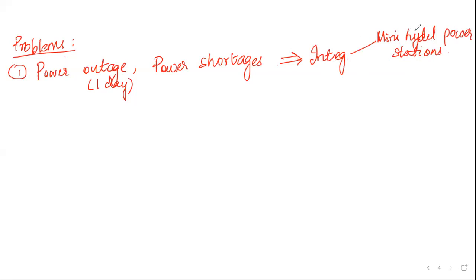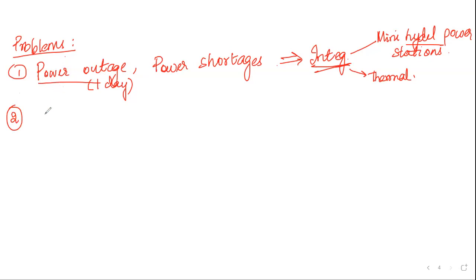So they either rely on hydel or they will rely on thermal power. Integrated power plants is the solution that has been adopted by many of the manufacturing units. But not all the plants are integrated. Not all the plants have their own capacity to produce power. So that's why power is an important constraint with regard to the manufacturing of aluminum.